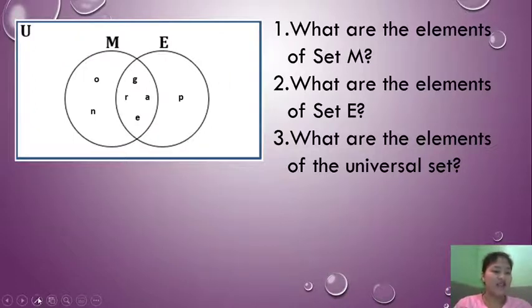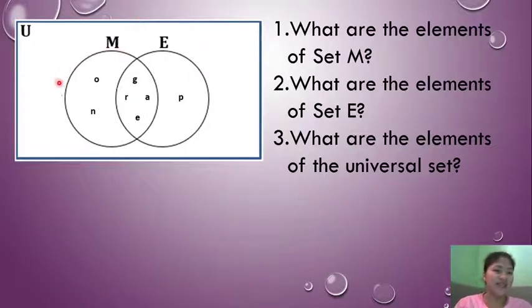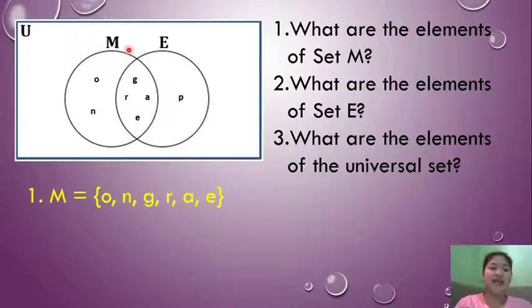This is our set M. You have here the circle representing set M. At titingnan lang po natin ano-ano po yung mga letters inside the circle. And the answer is set M contains O, N, G, R, A, and E. So those are the elements of set M.